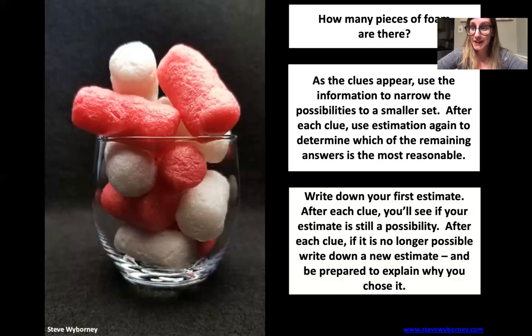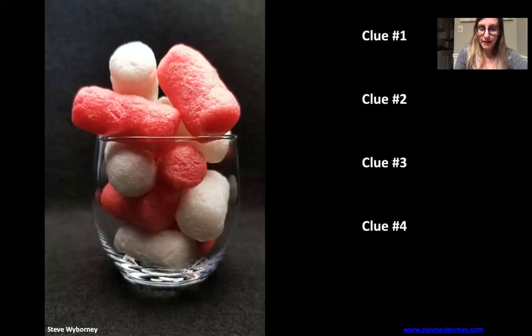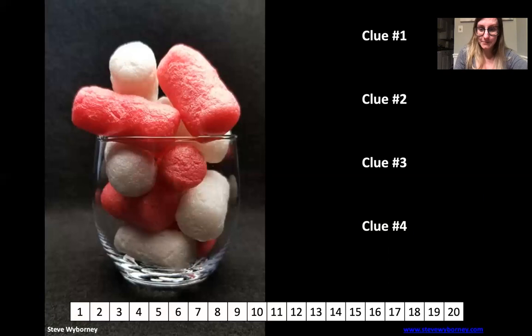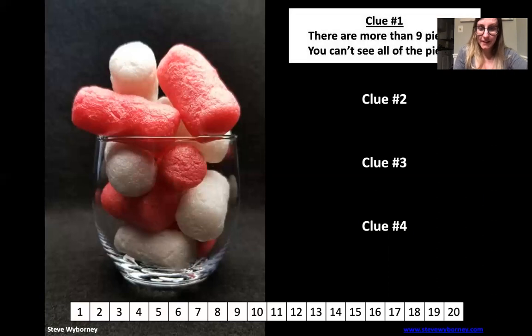Did you write down your estimate? Is it more than how many you can see? Are you ready? All right, here's your first clue. There are more than 9 pieces because we can see 9 pieces here. Is your estimate more than 9? Did you guess more than 9?